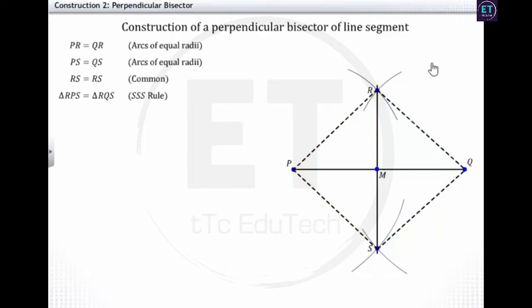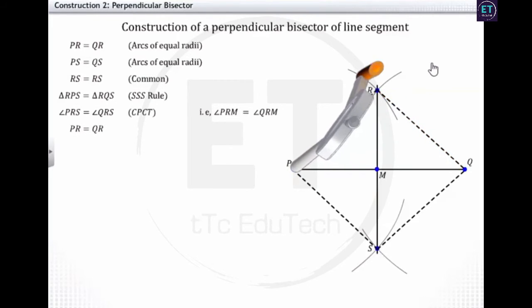By CPCT, angle PRS is equal to angle QRS. Now, let's consider the other pair of triangles, triangle RMP and triangle RMQ. Here, side PR is equal to side QR, as these are the radii of the same arc.